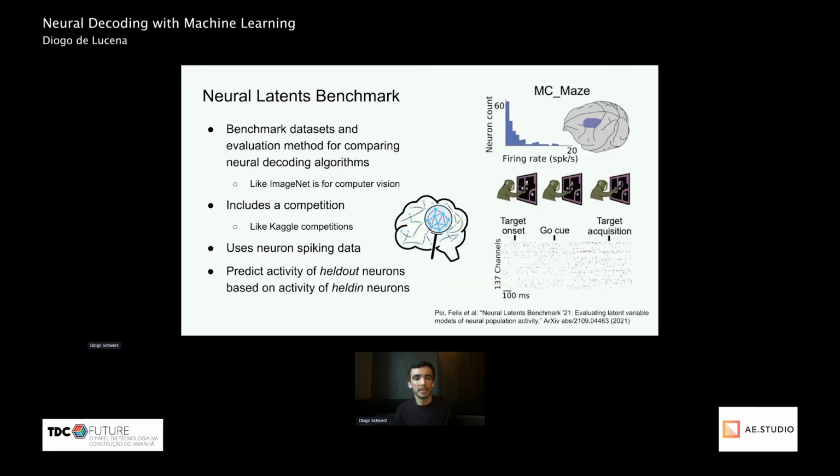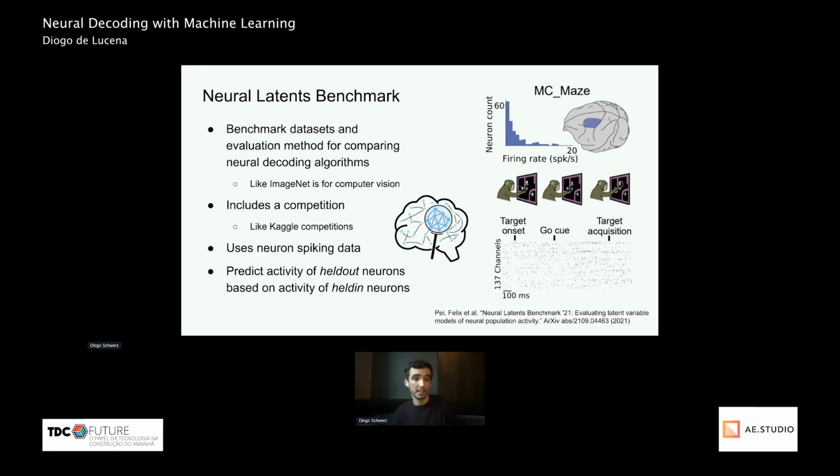And another project that we've been working on is this neural latent benchmark. This is really trying to create a sort of ImageNet, the same that ImageNet is for computer vision. It's creating this data set for neuroscience. So trying to create a set of data sets that's very easy to load and to use to start with these neurodecoding algorithms.